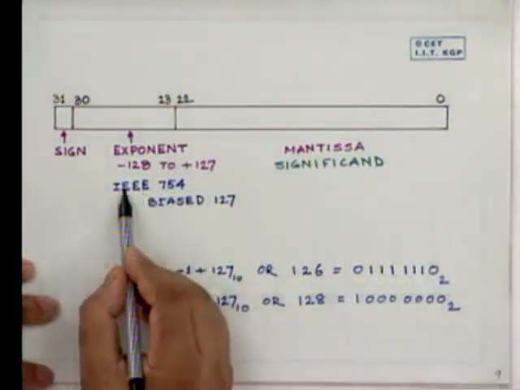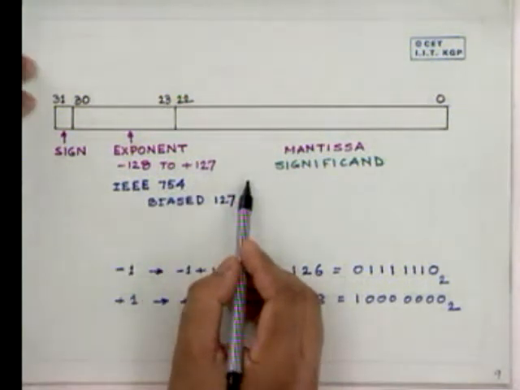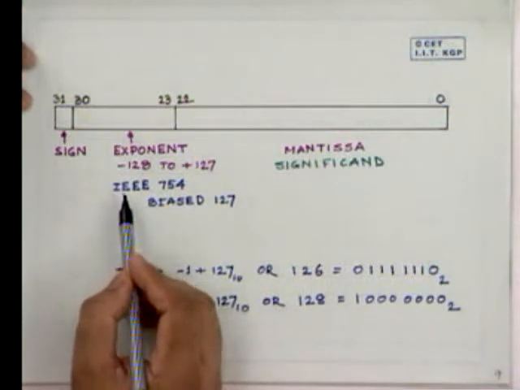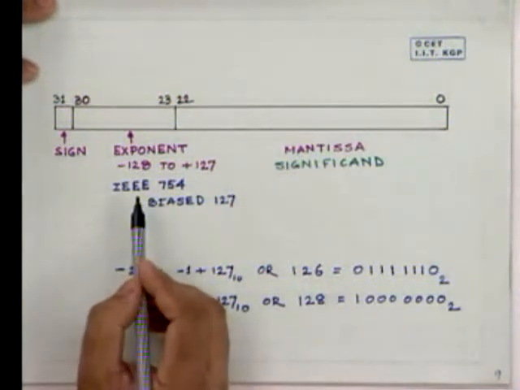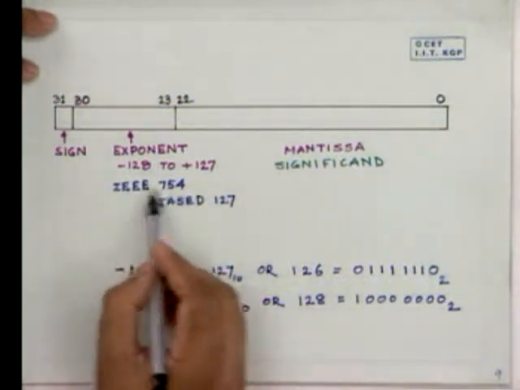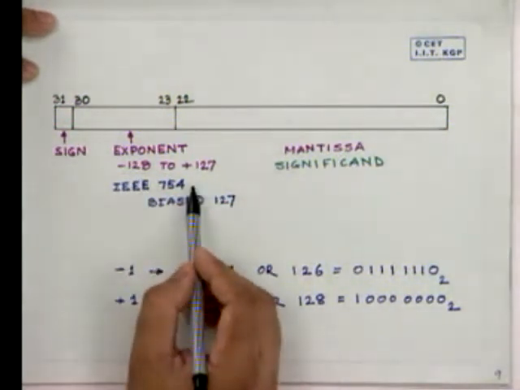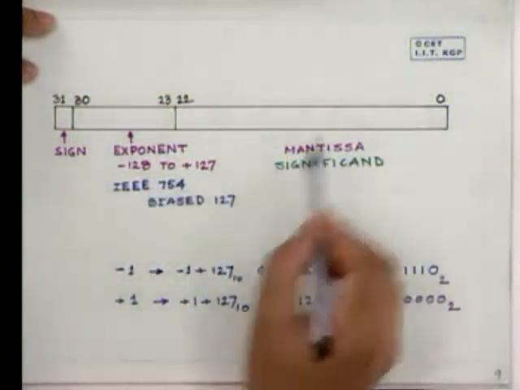But in the IEEE 754 standard, where IEEE is the Institute of Electrical and Electronics Engineers, they set up standards for many things. For this representation also, they have set up a standard, that is the floating point representation.